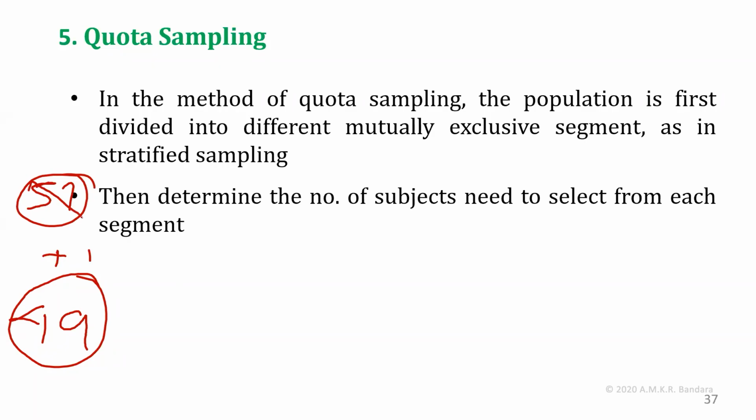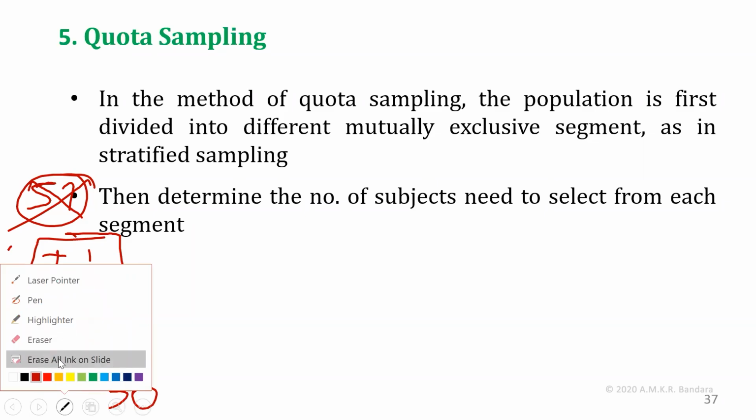Now you are not selecting or collecting information from that farm because your quota of 50 is now complete. Once the allocated amount is completed, no more farmers from that group are selected in quota sampling.